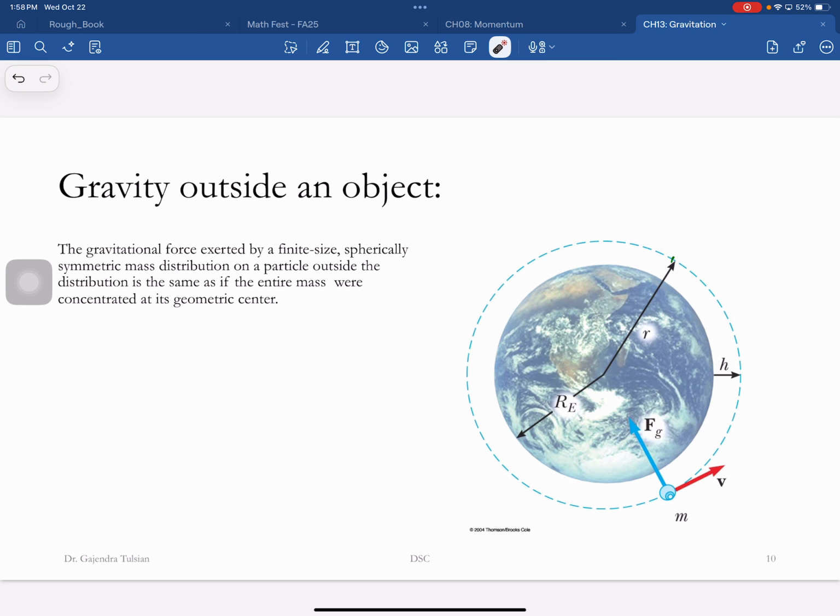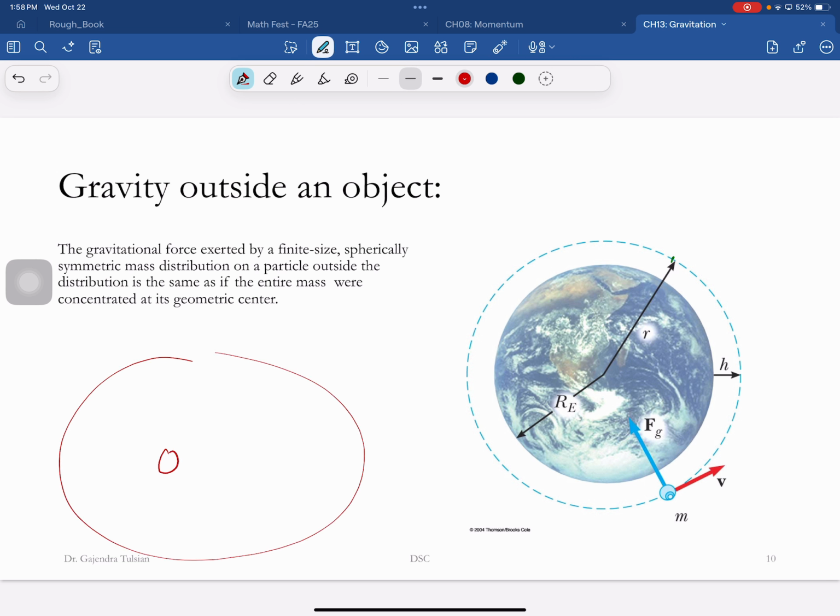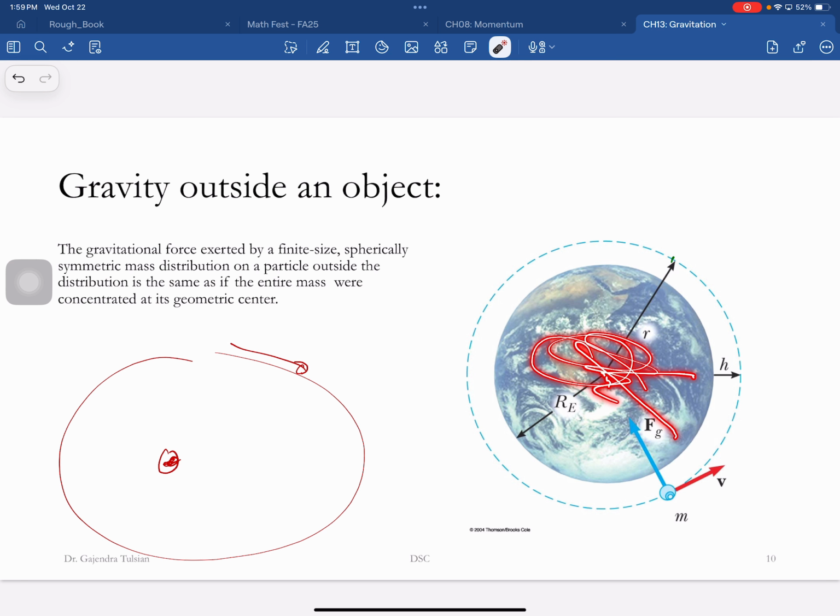If our sun became a black hole, our orbit would not change. Of course, we wouldn't have sunlight, but that's a different story. So for a symmetrical object, the gravitational force will be unaffected if it turns into a point object.